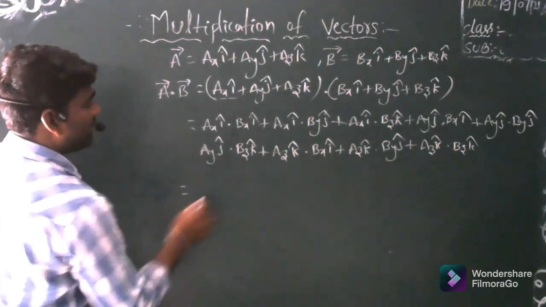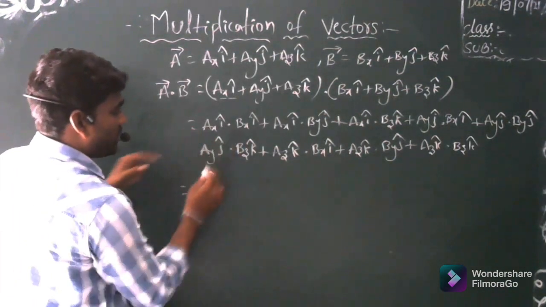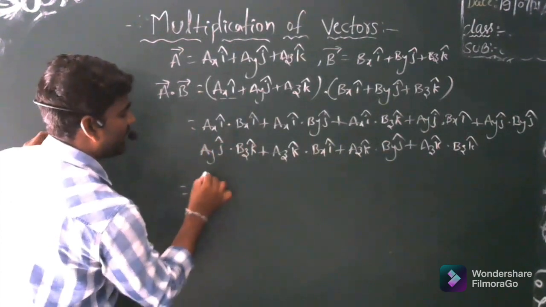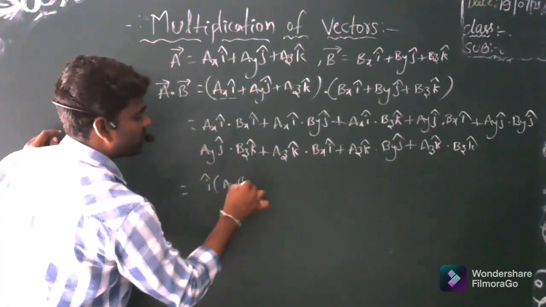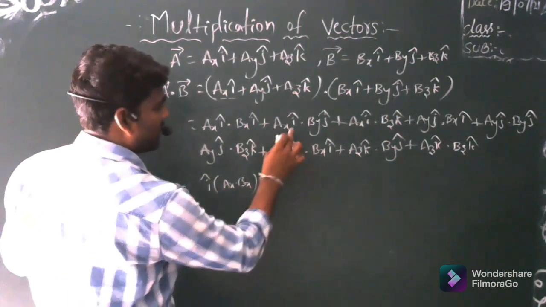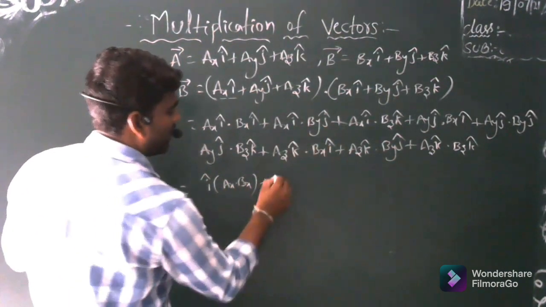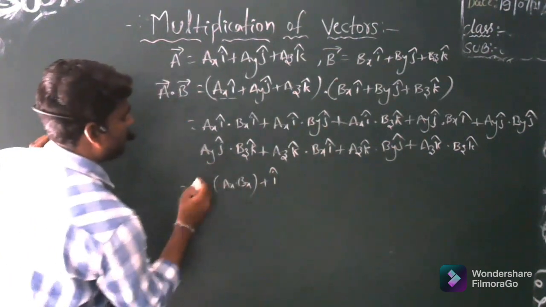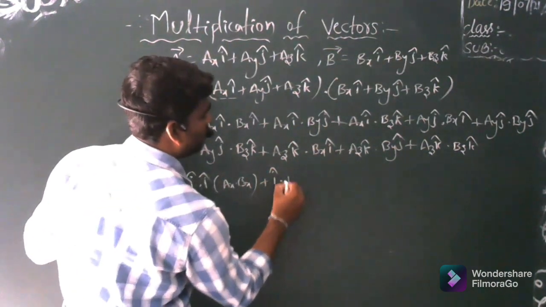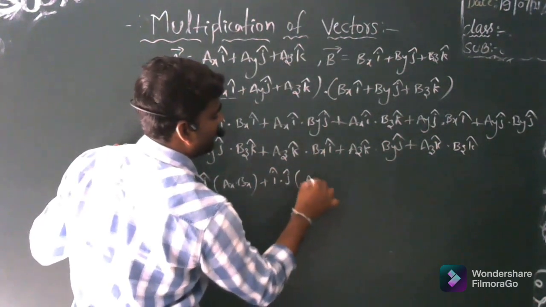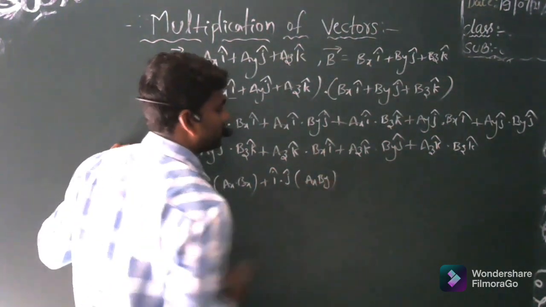Now let us see here. I'm writing Ax Bx. Here i cap is common, right? Then Ax Bx plus i cap dot i cap, and then i cap dot j cap of Ax into By.